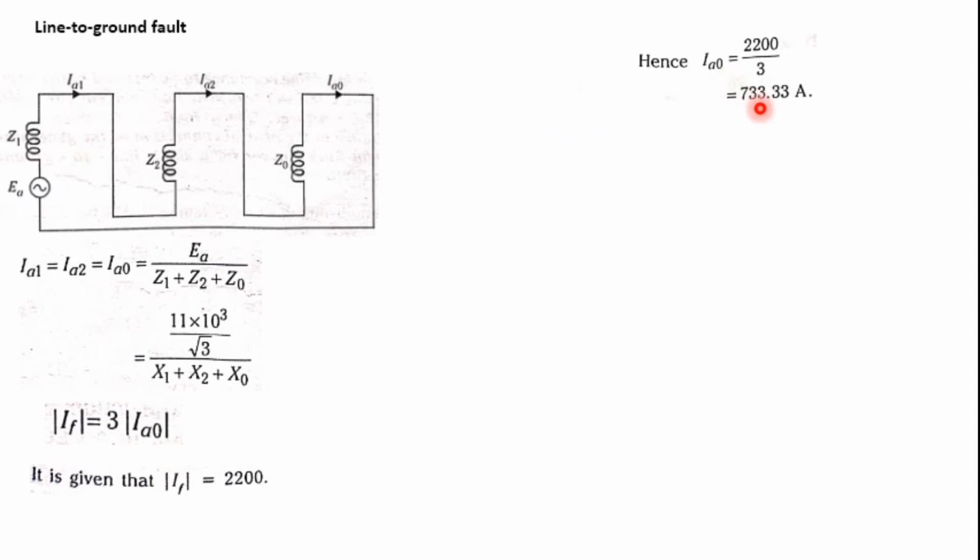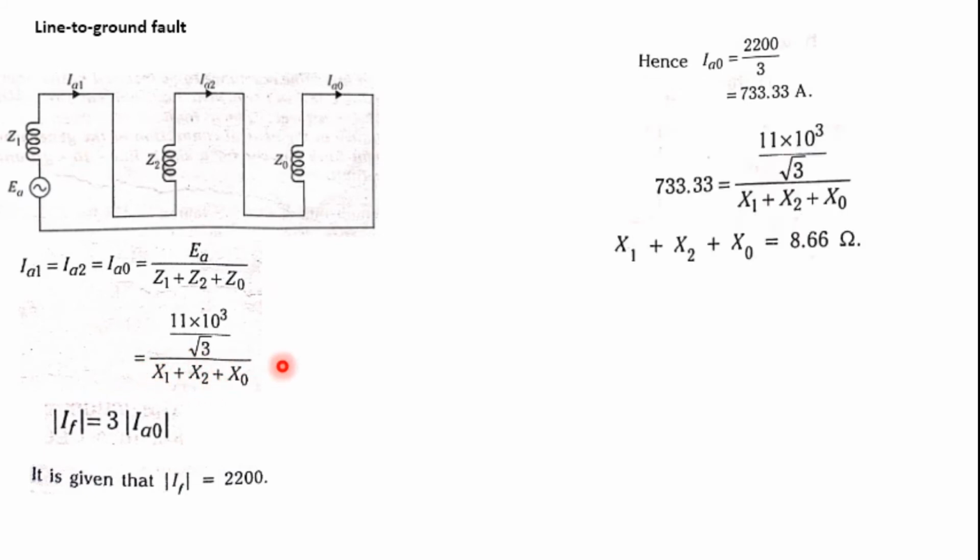Hence Ia0 is nothing but 733.33. Substitute this 733.33 in this equation, considering Ia0, and calculate the values of x1, x2 and x0. Substituting the value in this equation, we will get x1 plus x2 plus x0 is equal to 8.66 ohm.